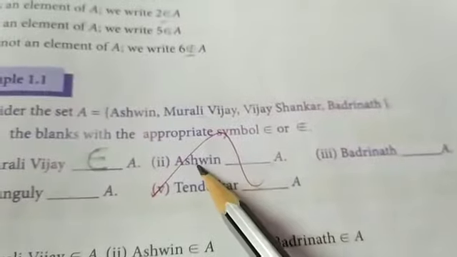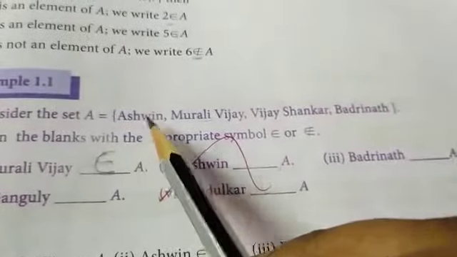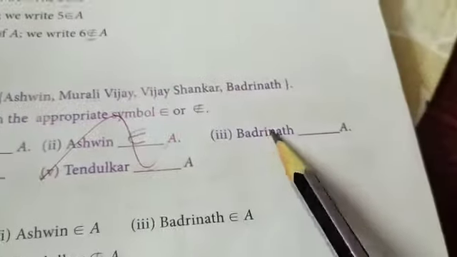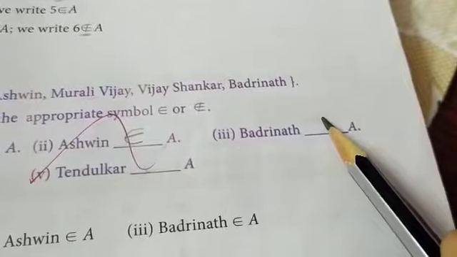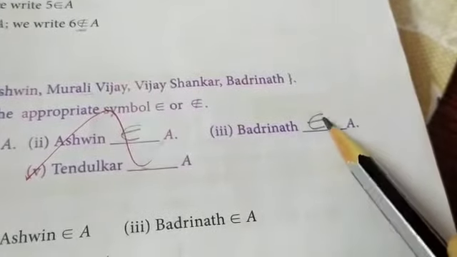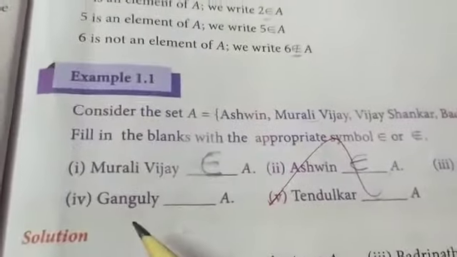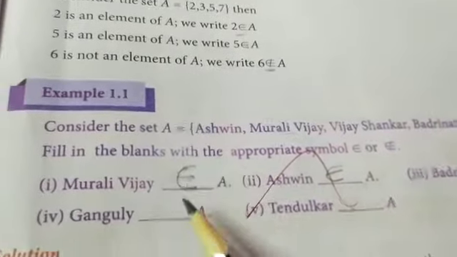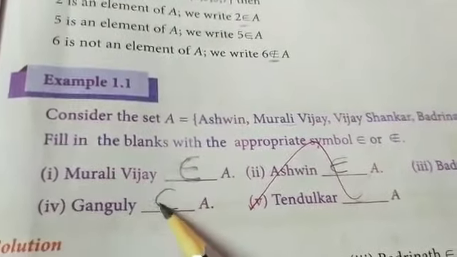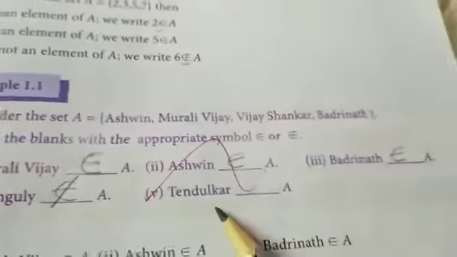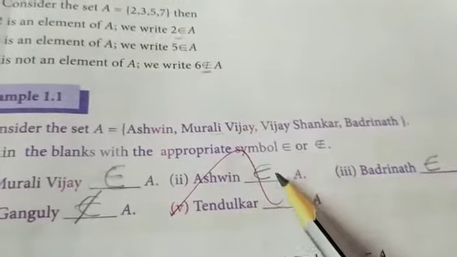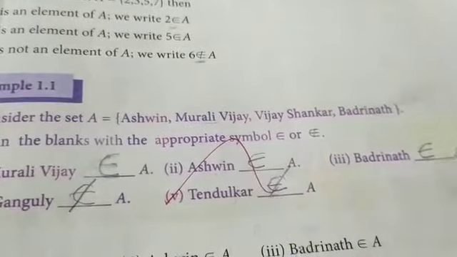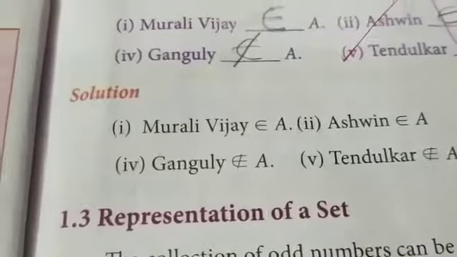Ashwin also belongs to set A, so you put the belonging symbol. Badrinath too belongs to A, so you put the belonging symbol. Ganguly is not an element of set A, so you put the not belonging symbol. Tendulkar is also not an element of set A, so you put the not belonging symbol. So you can see the solution.